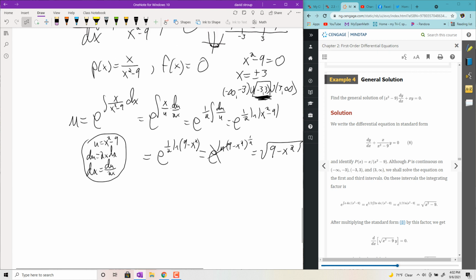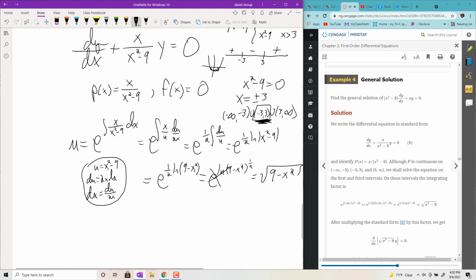We want to then multiply through the original differential equation by that. So I get the square root of 9 minus x squared dy over dx plus square root of 9 minus x squared times x over x squared minus 9 y equals 0.